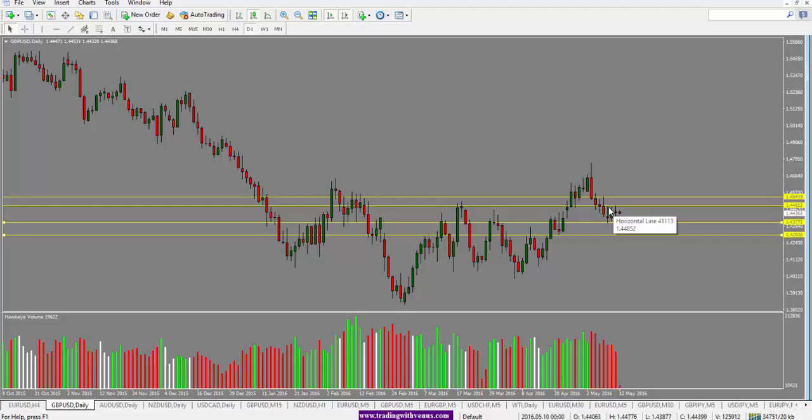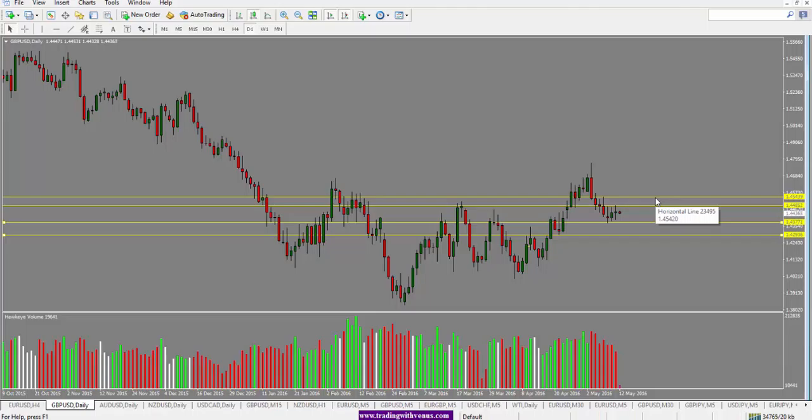So at this point, we will trade this as a range bound market, selling at 1.4480 and looking to buy at 1.4380 here. And once the news comes out, we may see it move to the downside at 1.4293, so above 1.4300, or it could move back up into the 1.4550 area.